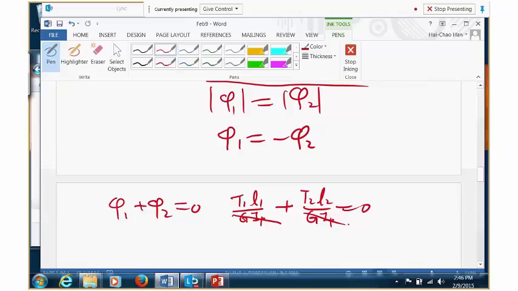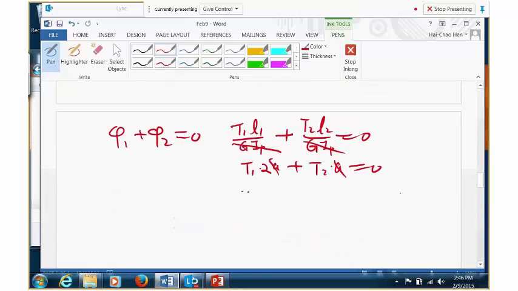Okay, L1, L2, what's their relation? It's T1 times 2/3 of the length, or 2a, plus T2 times 1/3 of the length, a, equals 0. So what I got will be 2T1 plus T2 equals 0.